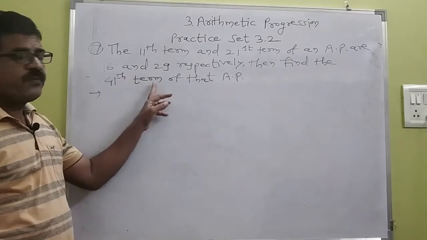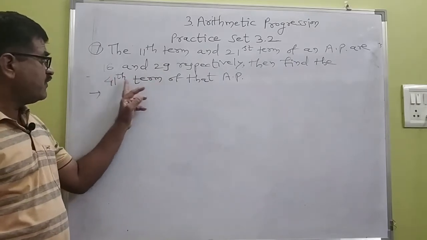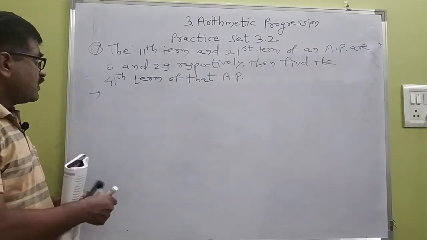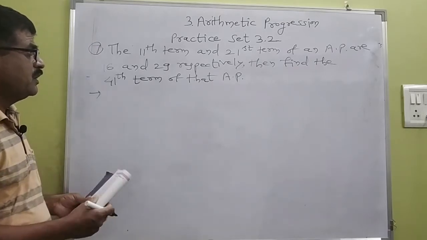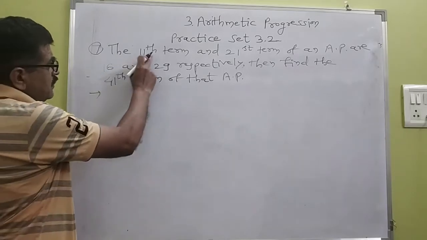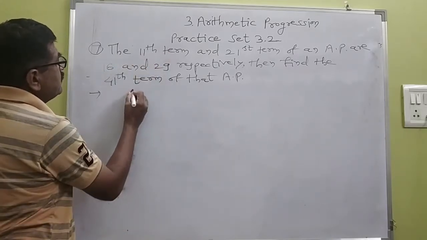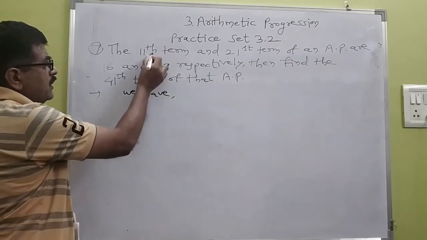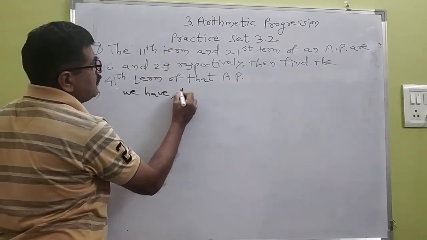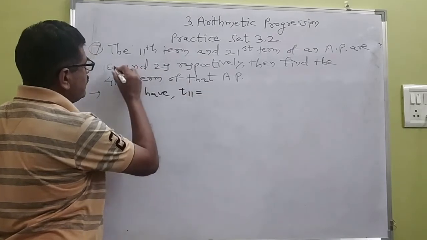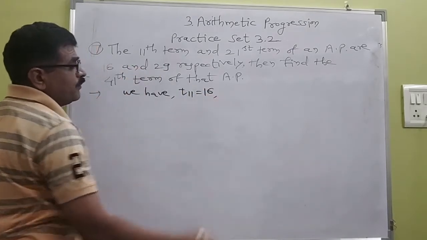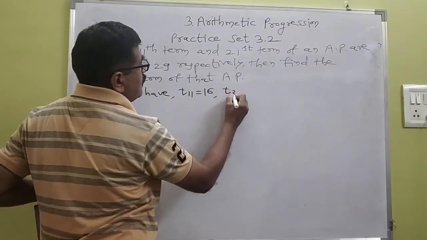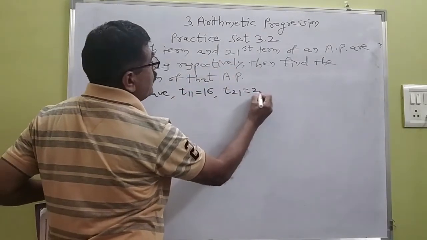Then we have to find the 41st term of this AP. Now write down: the 11th term, that is T11, is equal to 16 and T21 is equal to 29.